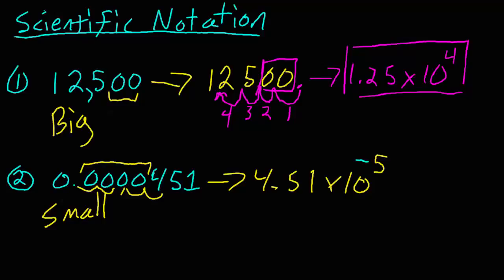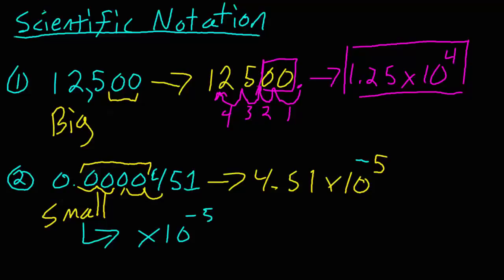So anytime you're putting a small number into scientific notation, basically, anytime you're moving that decimal point to the right, you are putting a times 10 to the negative exponent, like -5.